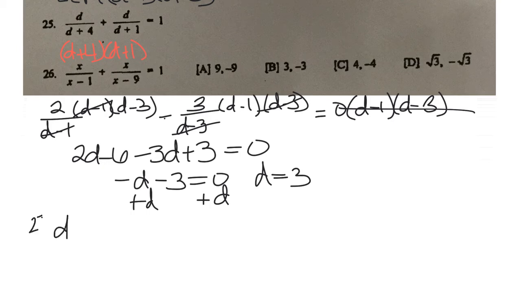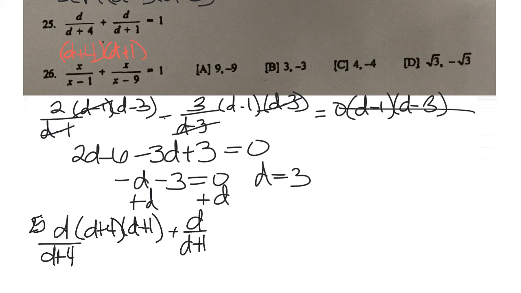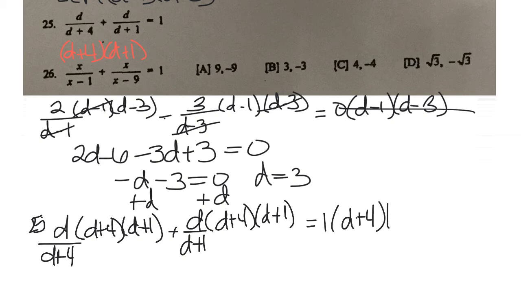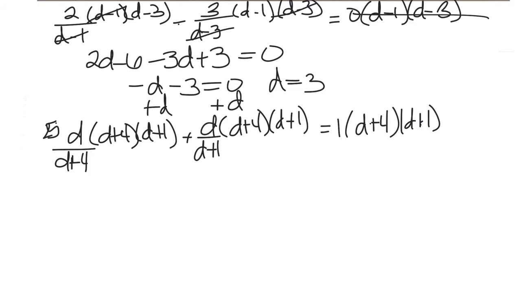So this is d over d plus 4 times d plus 4, d plus 1, plus d over d plus 1 times the whole thing, d plus 4, d plus 1, equals 1 times d plus 4, d plus 1.